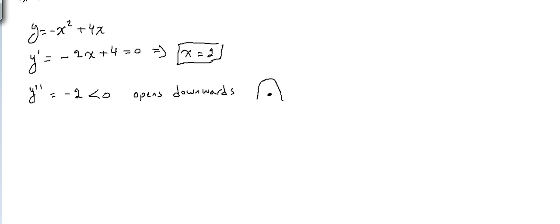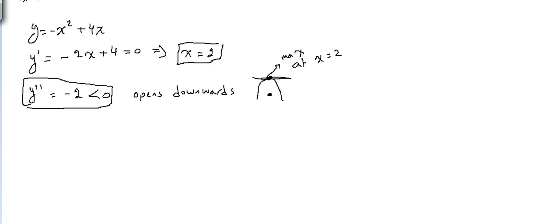The concavity, since the second derivative is negative. So what do we have here? We have a maximum point. So the function attains a maximum value at x equal to, that makes the first derivative equal 0.